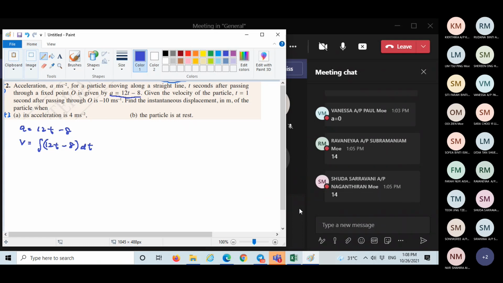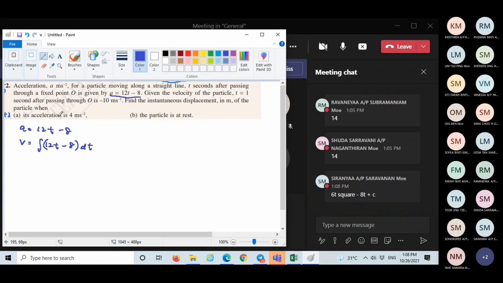Okay, 6t squared, your answer. Let us check. When you integrate 12t, you are getting 12t squared over 2, so 6t squared. Next, integrate 8, you will get 8t, plus c. Thank you. So this is the v.